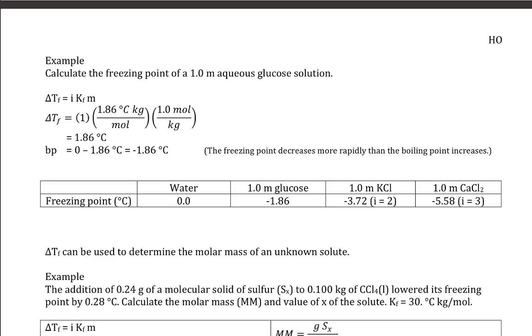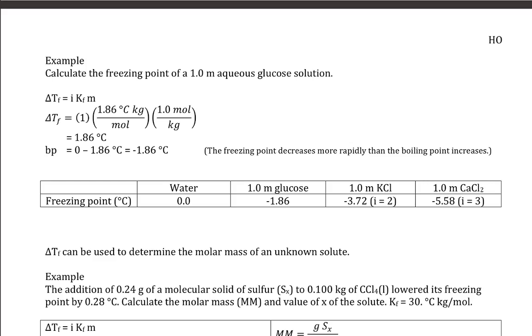Well, water freezes at 0 degrees Celsius, so the freezing point, so not BP, it should say FP, is 0 minus 1.86 or negative 1.86 degrees Celsius. Notice that it goes down much more than it goes up. So the freezing point depression is greater than the boiling point elevation.